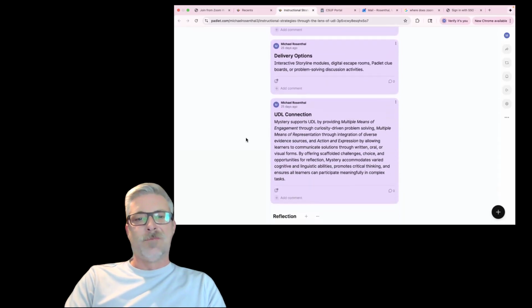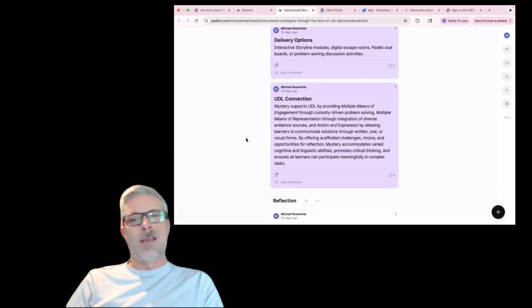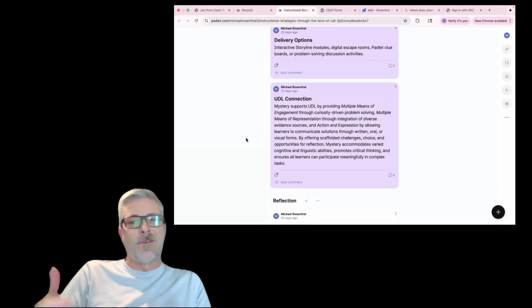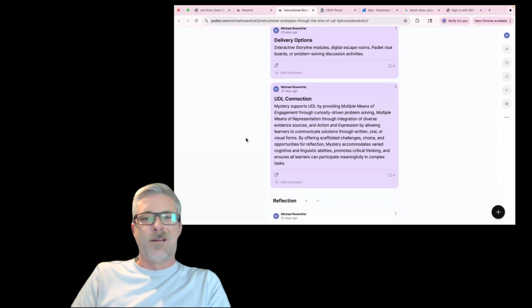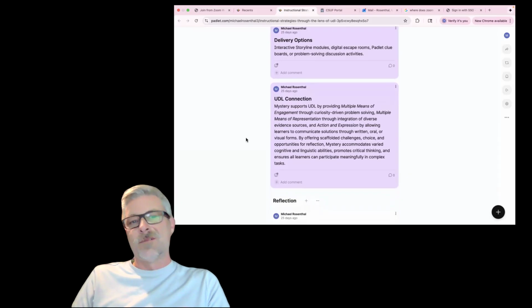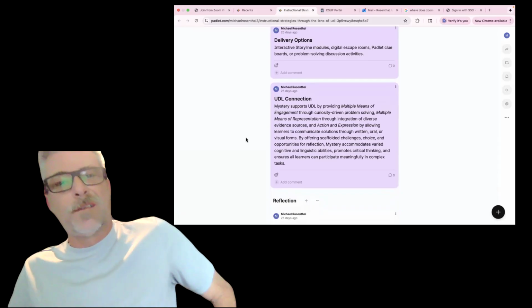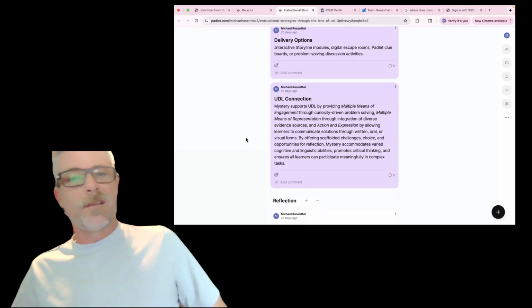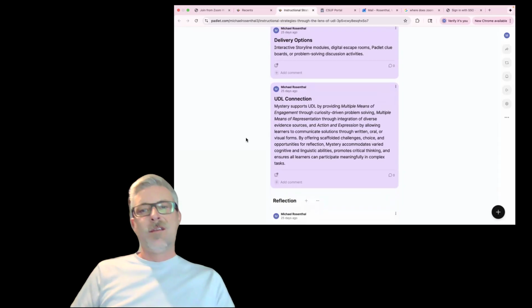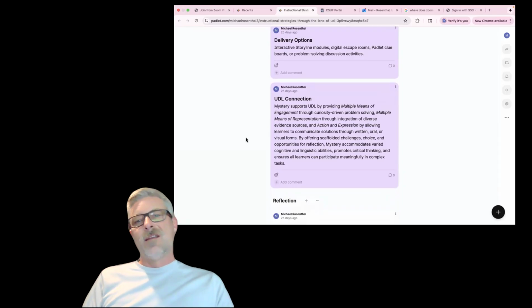And it provides multiple means of engagement through curiosity-driven problem solving, multiple means of representation through integration of diverse evidence sources, and action and expression by allowing learners to communicate solutions through oral, written, or visual formats.